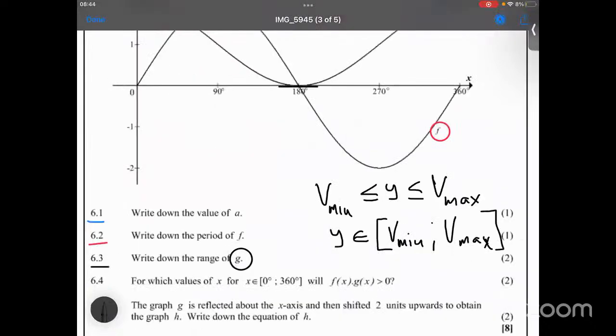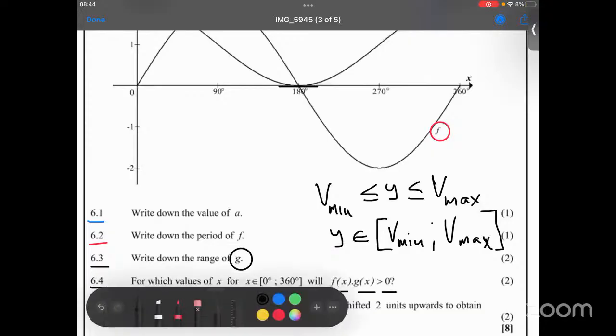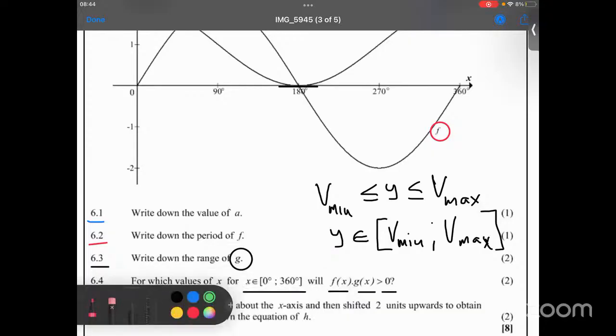And then now 6.4, they are saying for which values of x for that same range will f of x, when you multiply it by g of x, you will get a value which is greater than 0, meaning you will get a positive value. So that means you need to go to your function. This is one of those tricky questions.